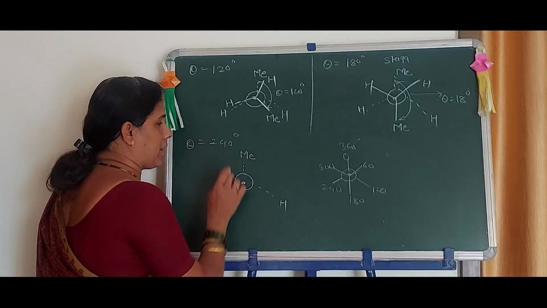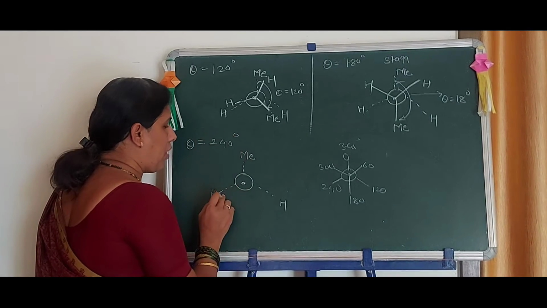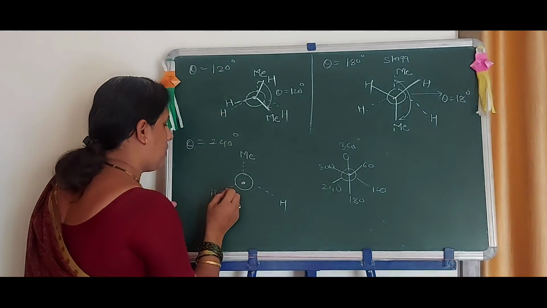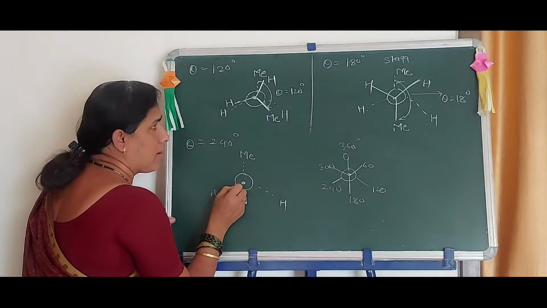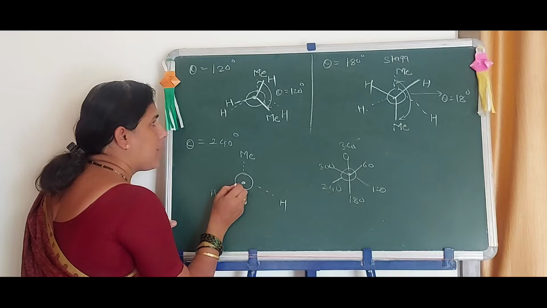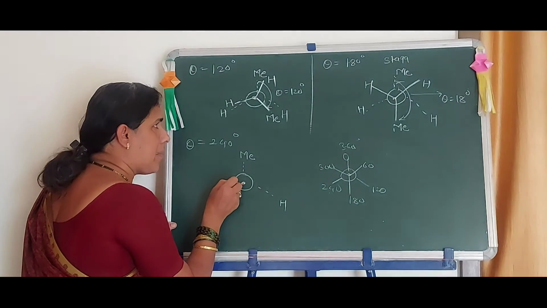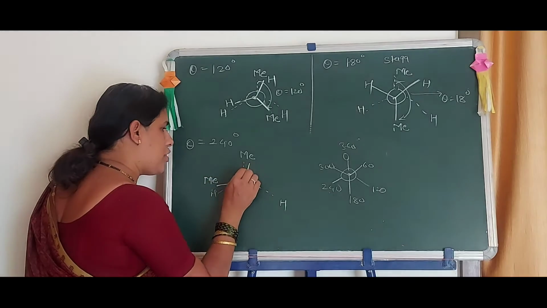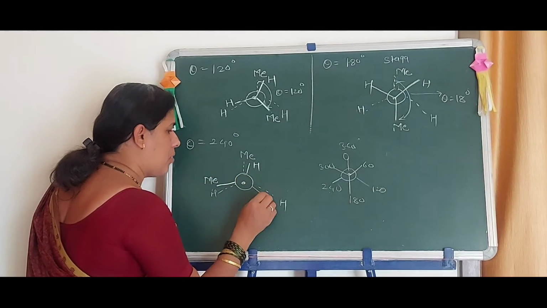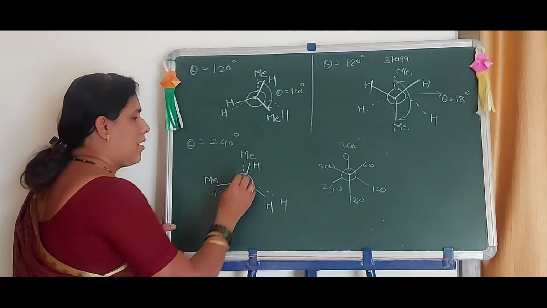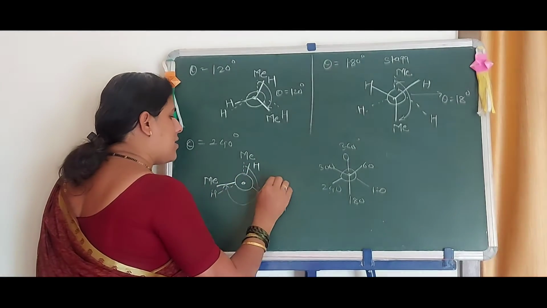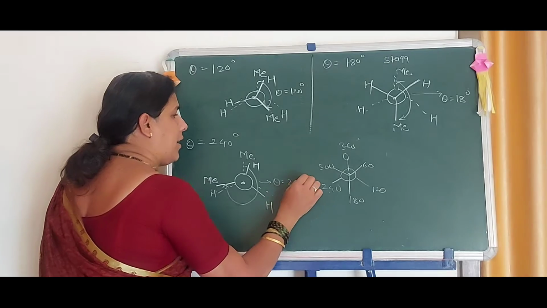Now for 240 degrees, this Me goes here. Therefore here we have to draw Me, then H, and here also H. Okay. Now this angle is known as theta is equal to 240 degrees.